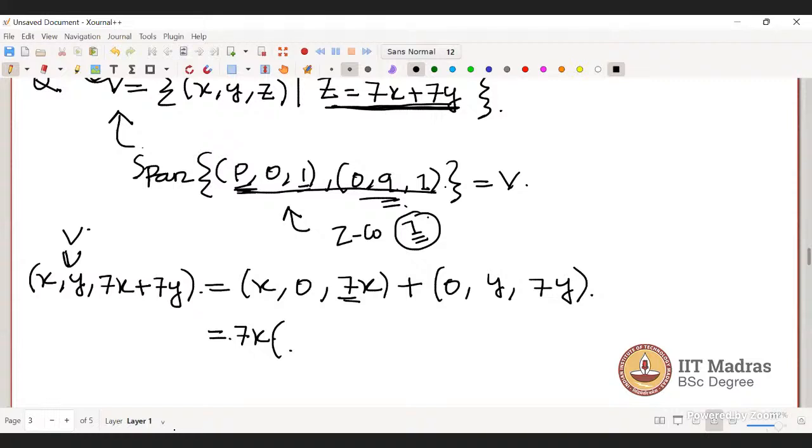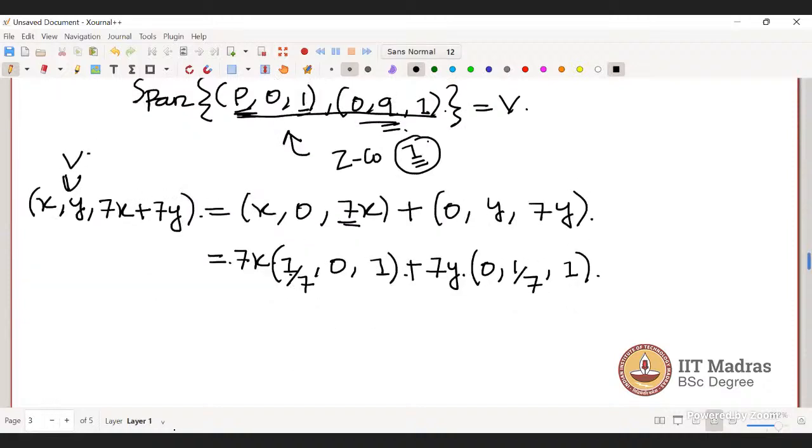So this is x times (1/7, 0, 1) plus 7y times (0, 1/7, 1), right? So this step is fine.